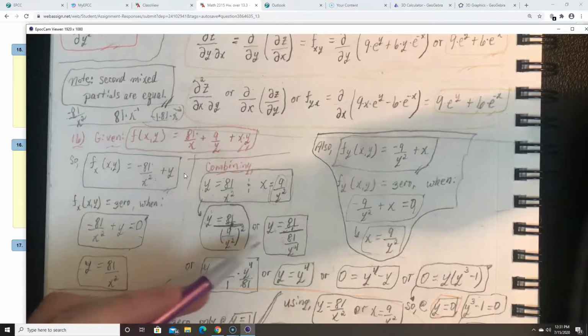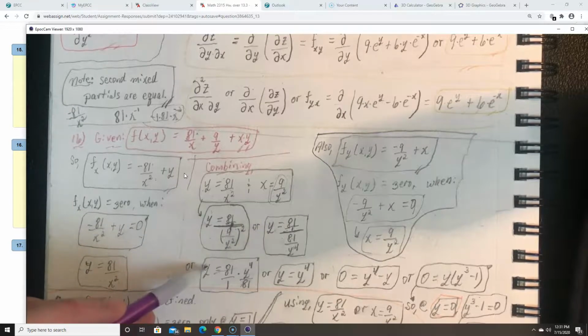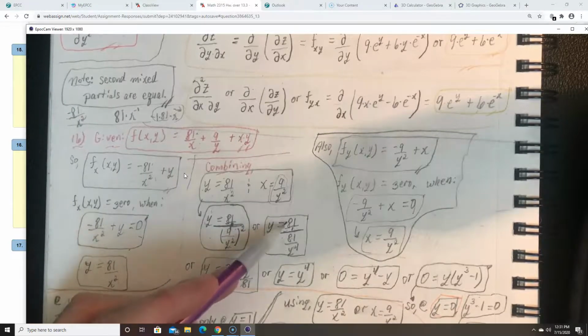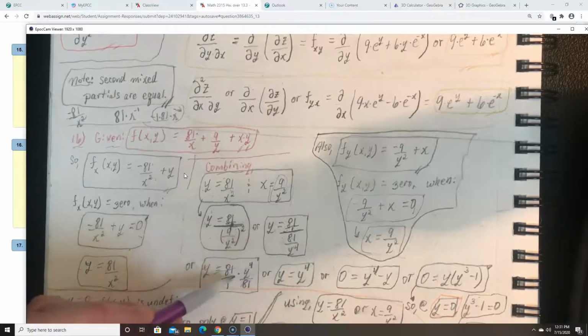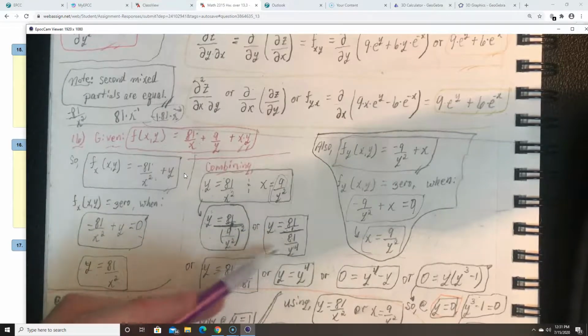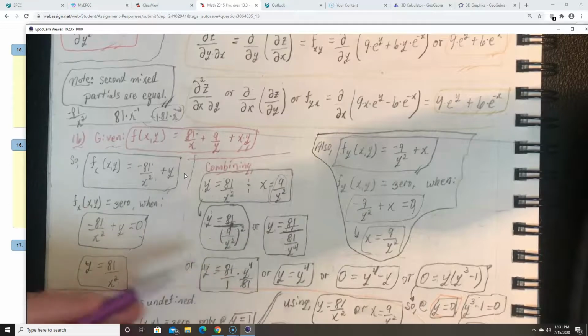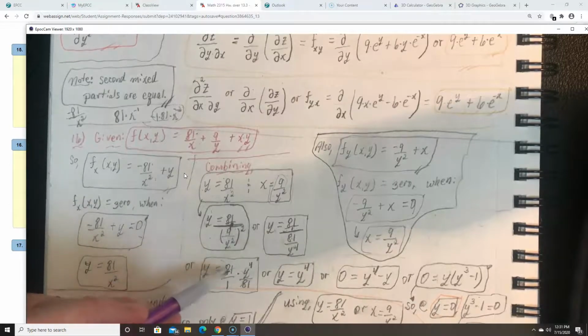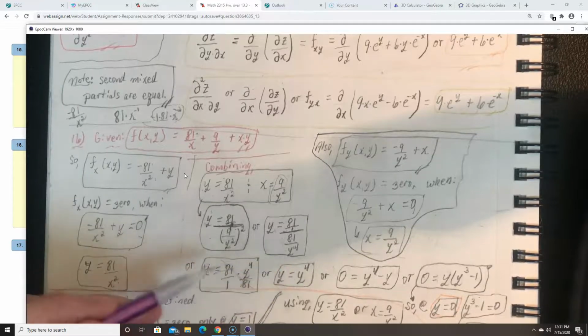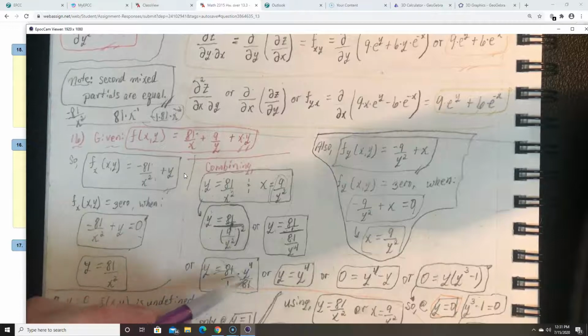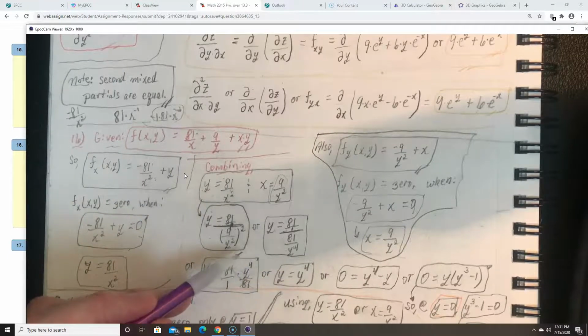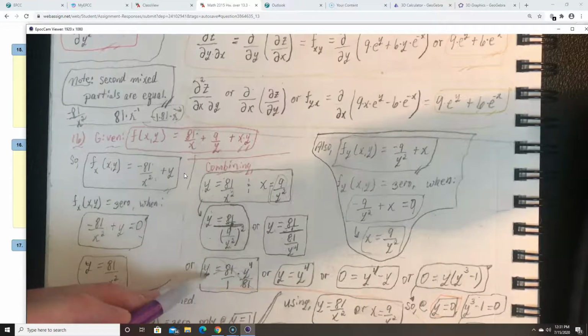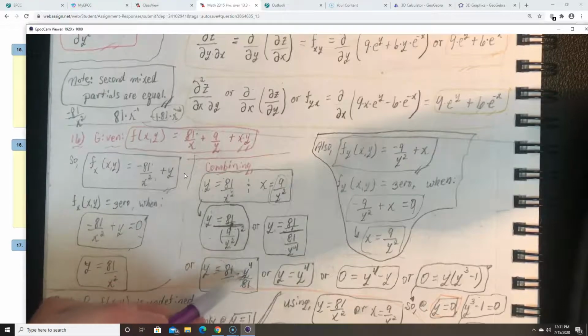So you can clean this up, and you get y still equals 81 over 1 times the reciprocal of this, which is y to the 4th over 81. The 81s divide out to 1. So you get 1 times y to the 4th is y to the 4th. 1 times 1 is just 1 on the bottom. You don't need to write it. So we get y equals y to the 4th.